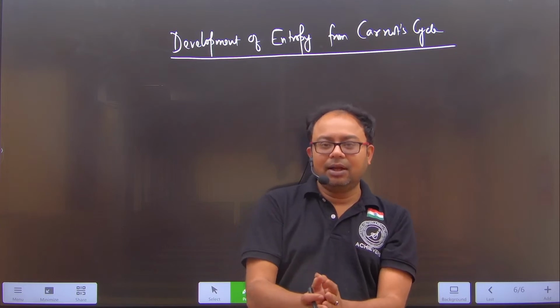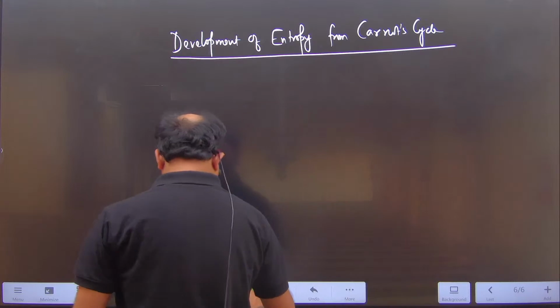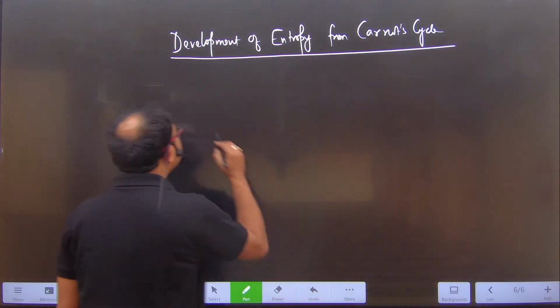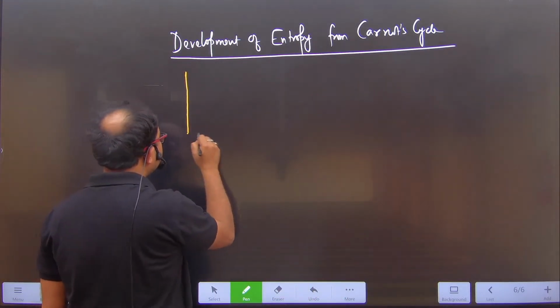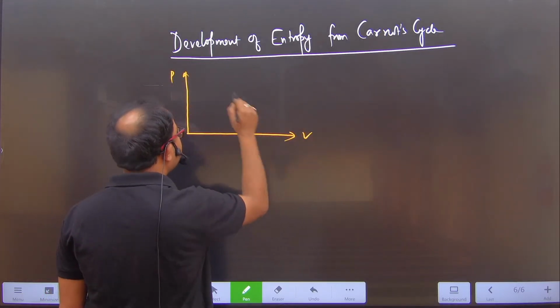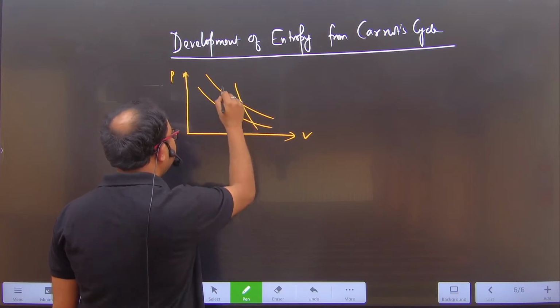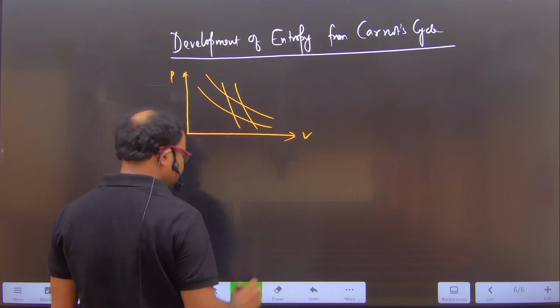At first, let us draw the diagram of the Carnot cycle once again. I have got two isotherms and two adiabates intersecting each other.